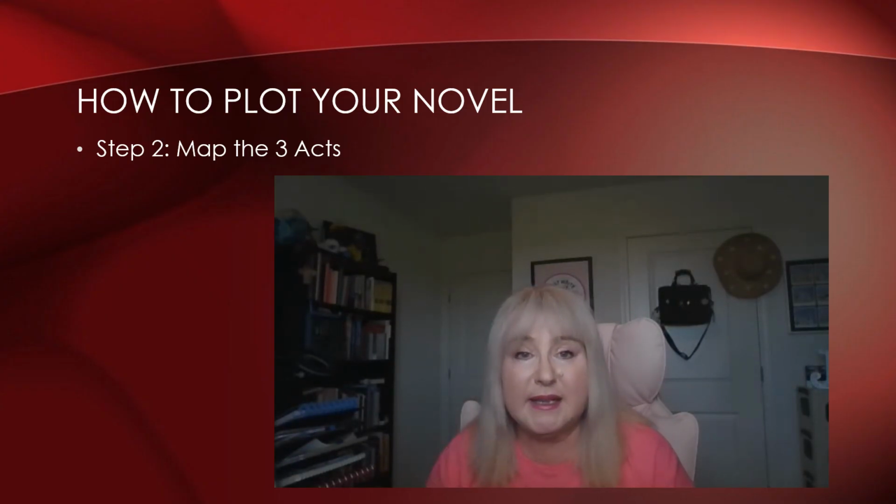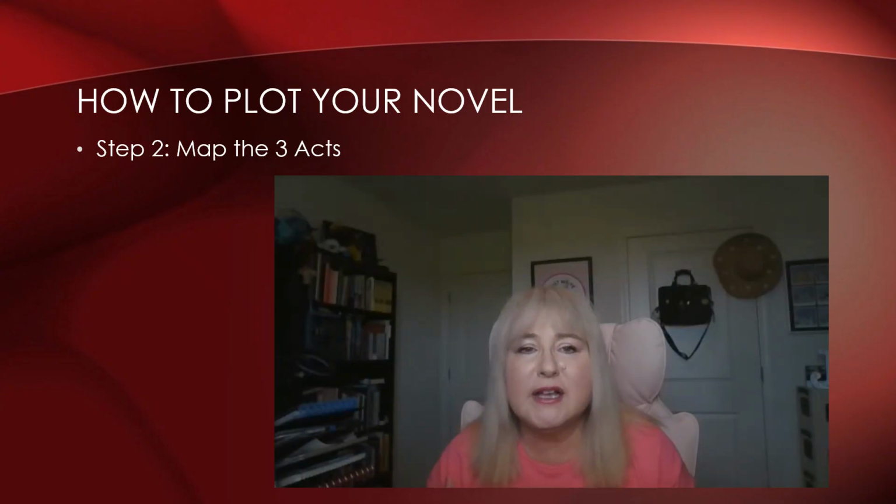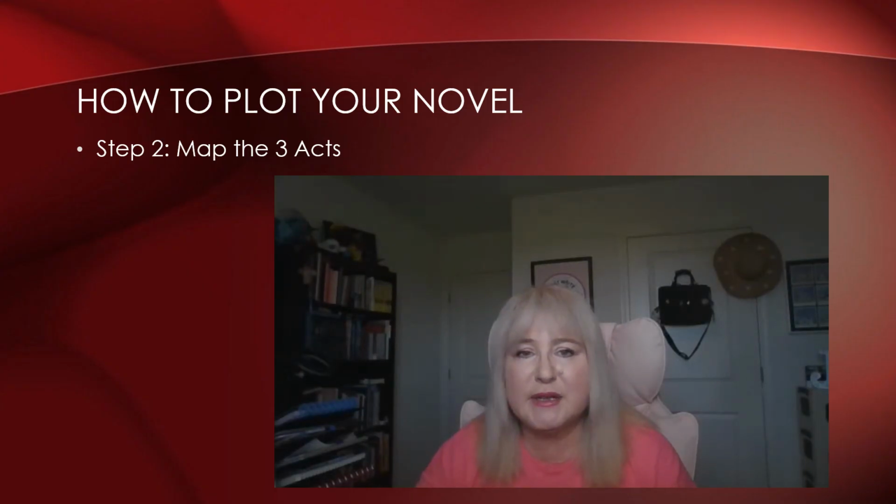And then Act 3 was the resolution: the final showdown forces her to decide how much she's willing to risk, not just for justice, but for her family. That quick little outline only took me a few minutes, but it frames the story so clearly that I know where it's headed.